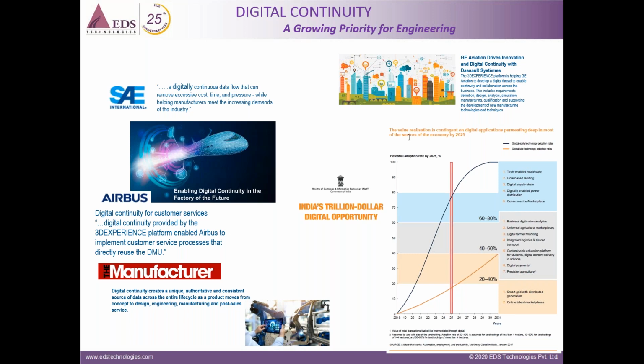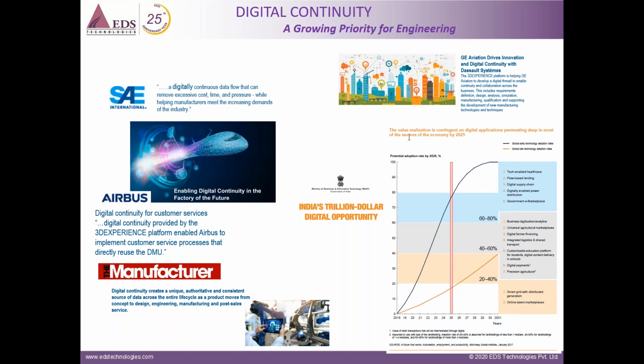So in this case, as you see on the slide, digital continuity is a growing priority for engineering because everything is well executed and controlled digitally on the digital platforms. For instance, as you see, Airbus has started DDMS, that is digital design and manufacturing services. They would like to incorporate digital connectivity throughout their engineering and manufacturing processes.